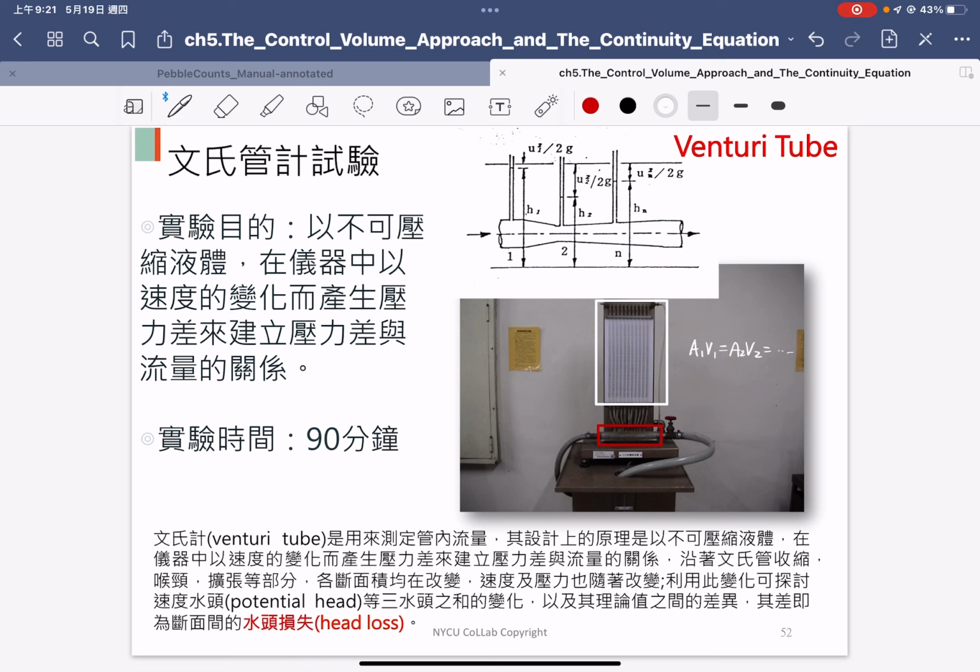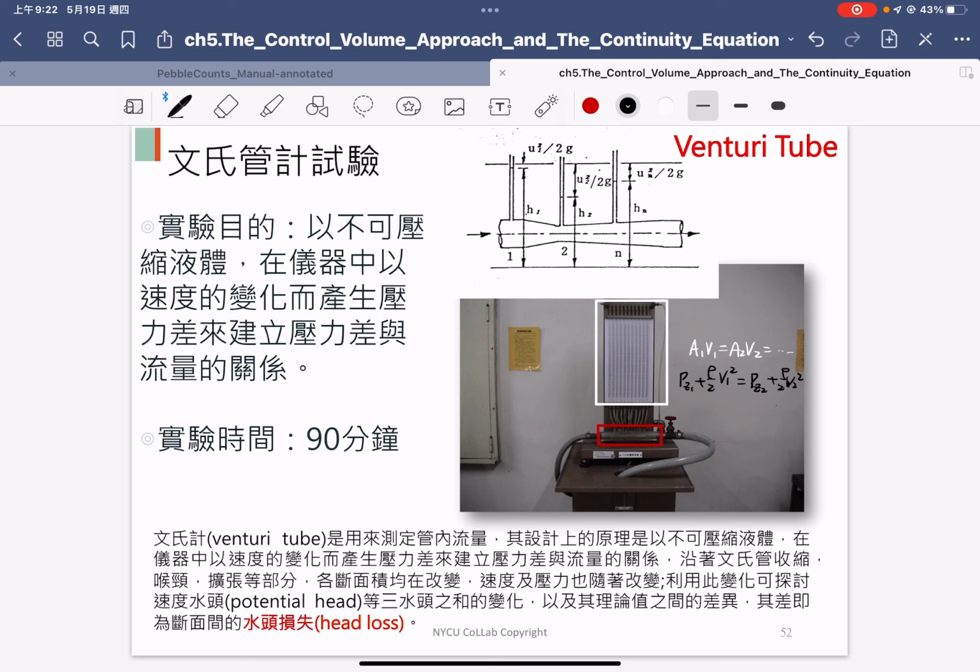And then the Bernoulli equation tells us the piezometric pressure 1 plus one half rho V1 square equals the piezometric pressure 2 plus one half rho V2 square.